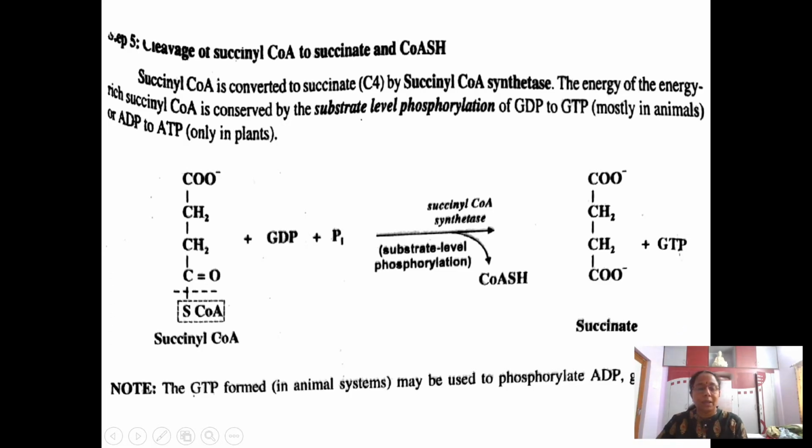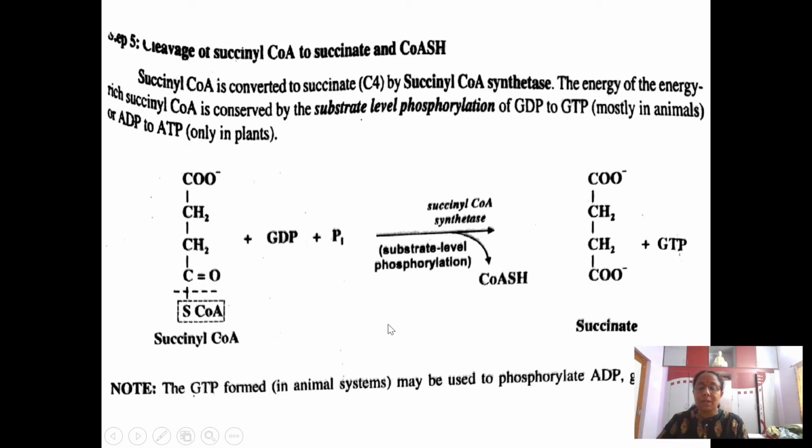I repeat again. During the breakage of the succinyl-CoA bond, a lot of energy is released. Okay, and that energy released is used in the phosphorylation of GDP to GTP. Now, this is the example for substrate level phosphorylation.